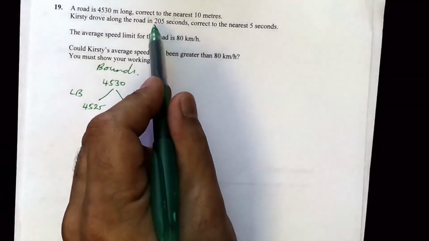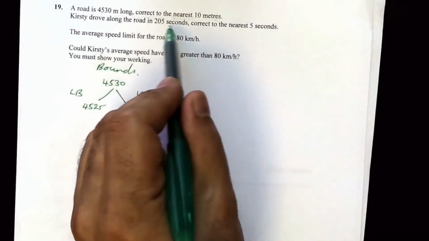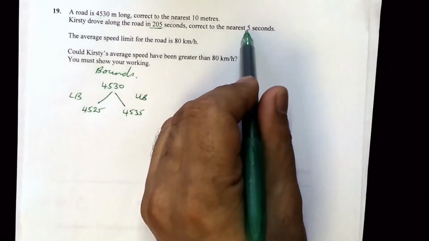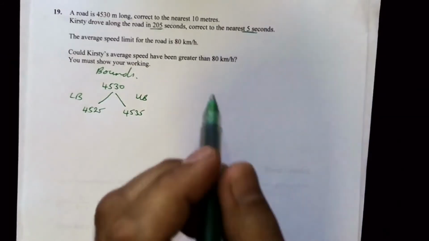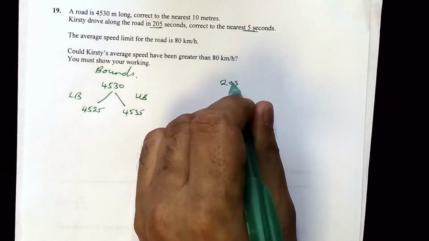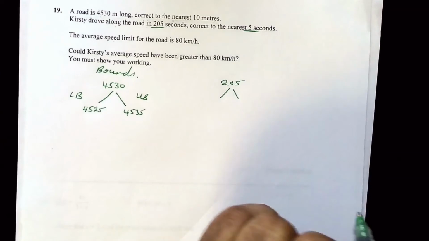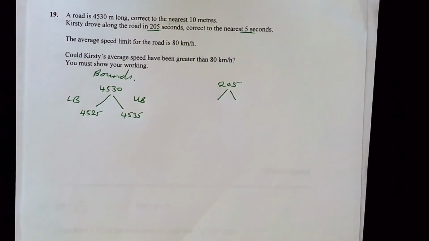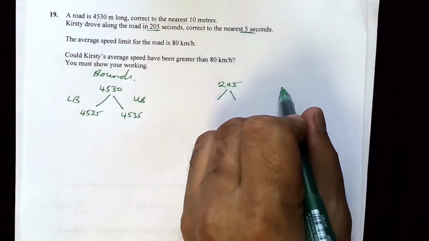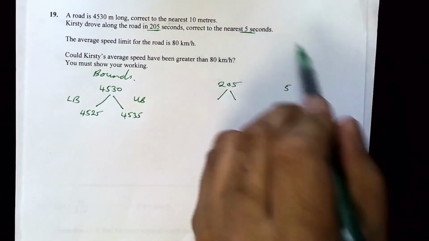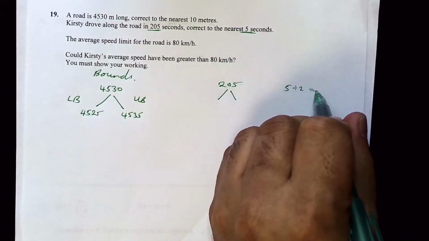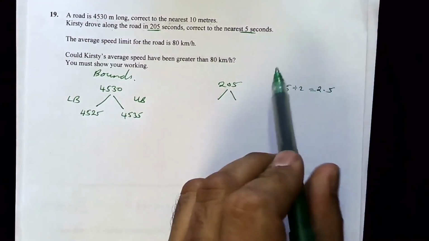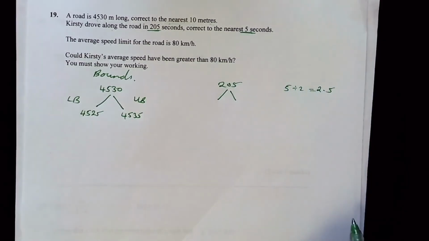And for the time of 205 seconds, again it's been rounded up to the nearest 5 seconds. So 205, and for 205 I'm now going to look at, because it was 5 seconds, if I divide that by 2 equals 2.5 seconds, so I need to add and subtract 2.5 from that value.